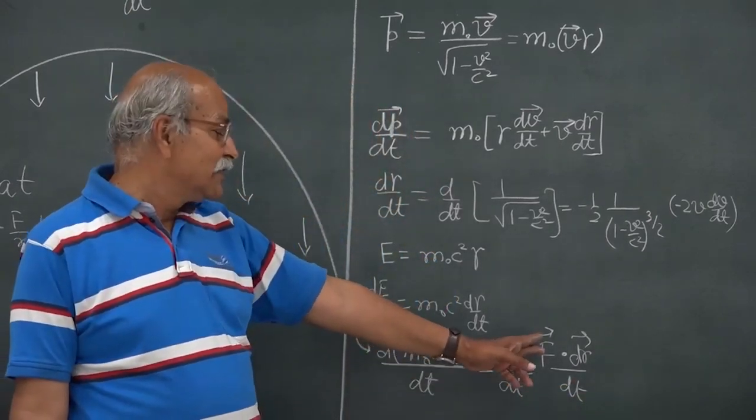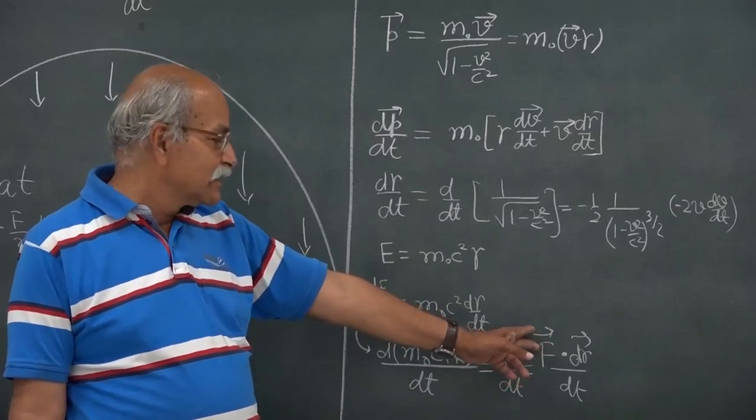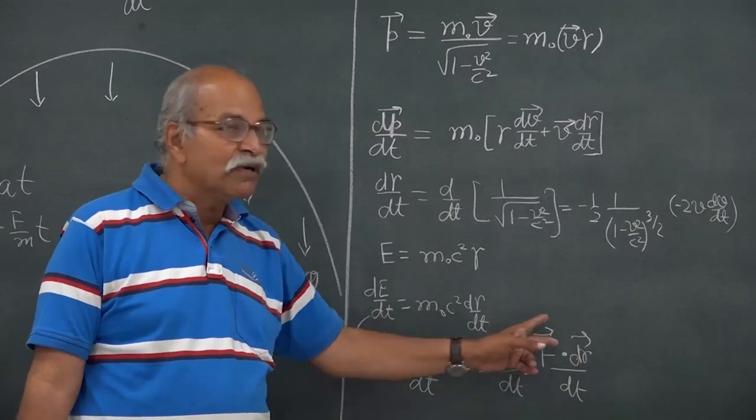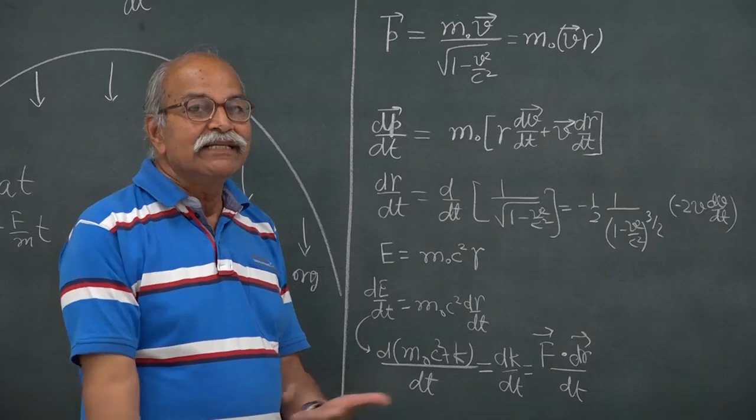We started from here. If you have a particle and a force acts on it, there is a displacement, there is work done by the force, and that work done gives you the change in kinetic energy.